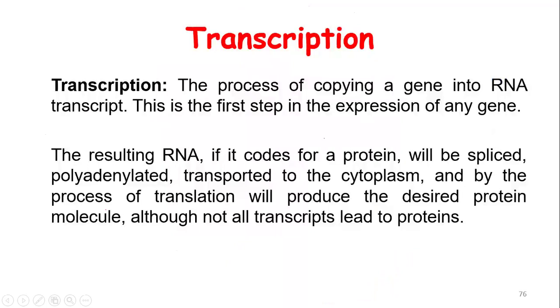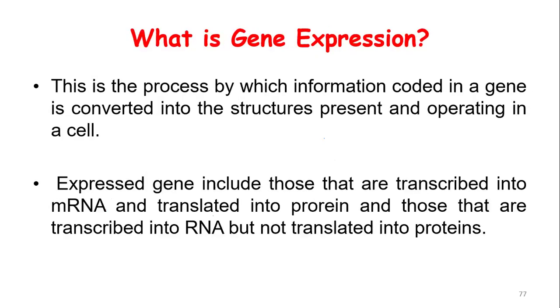The process of copying information from DNA to RNA is simply known as transcription. The resulting RNA, if coding for protein, will be spliced and polyadenylated, transported to the cytoplasm, and by the process of translation will produce the desired protein. So that is what we just saw in that cartoon.